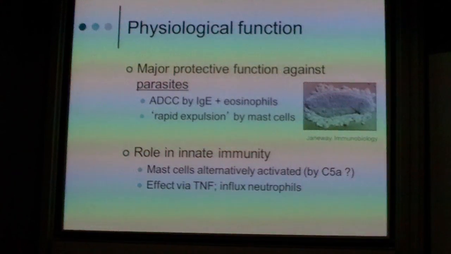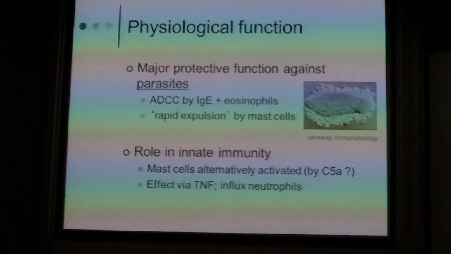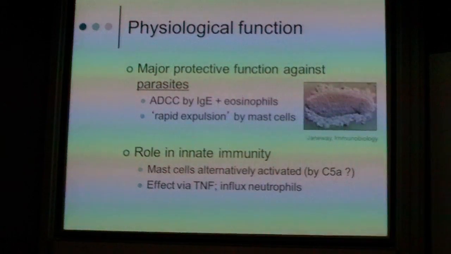The IgE is recognizing larval antigens. So now this larva is covered with IgE, and all the IgE Fc parts, so the tails, are sticking out. And the eosinophils have an Fc epsilon receptor, like mast cells, and they can bind through recognizing the Fc part of the IgE to the larva.